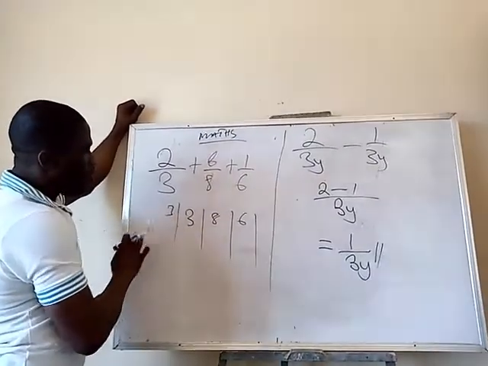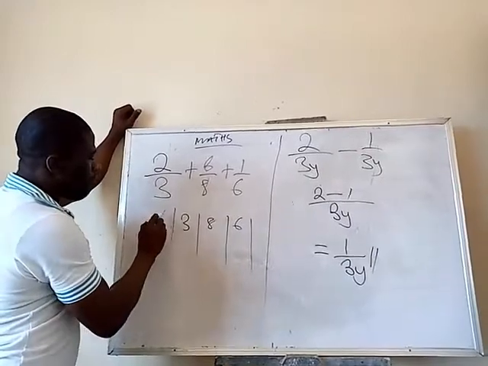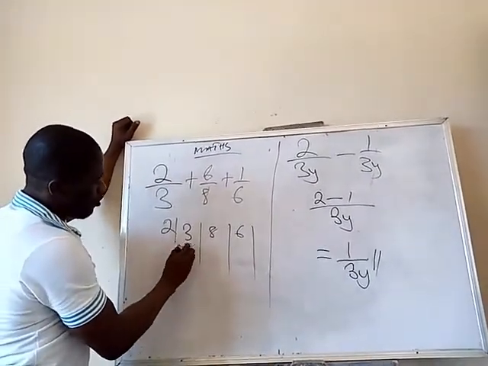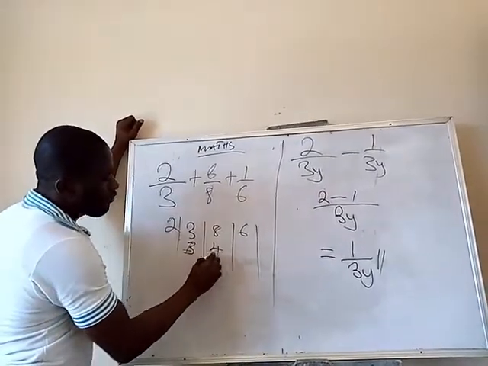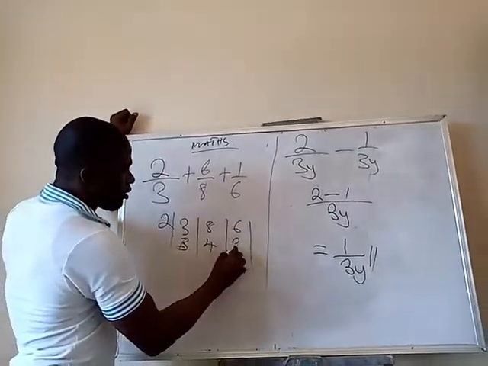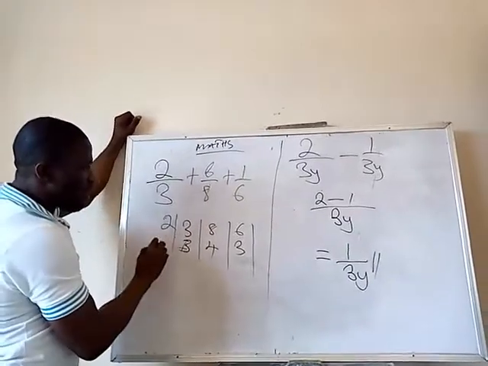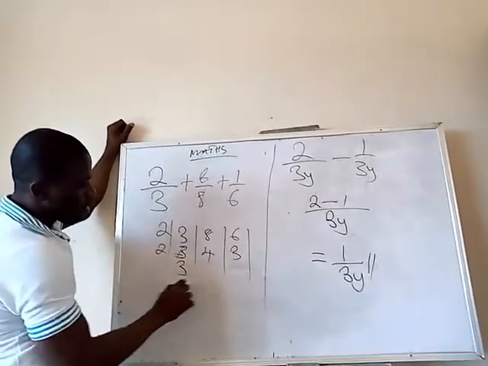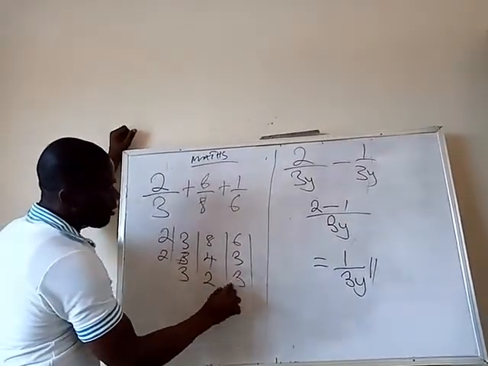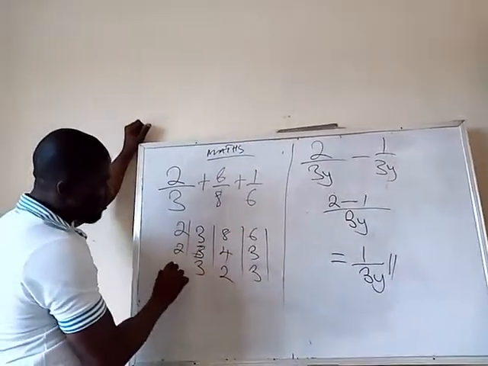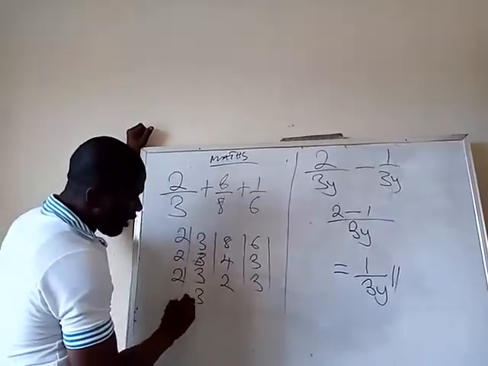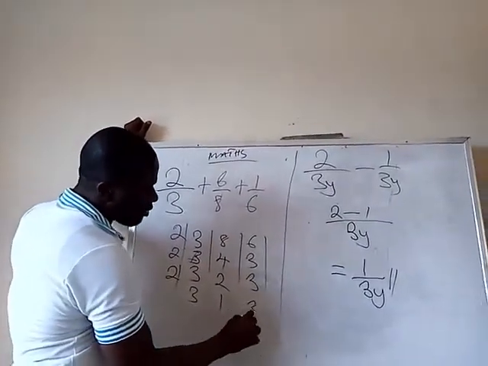Let's start with 2. We move with 2. This one will give me 3. You bring down 3. Here will give me 4 and 3. We go again with 2. This one will give me 3. This one 2 and 3. You have 2. We have 3 here. 1 and 3.